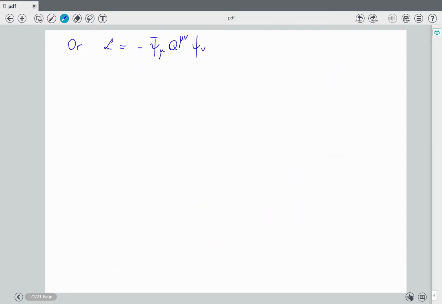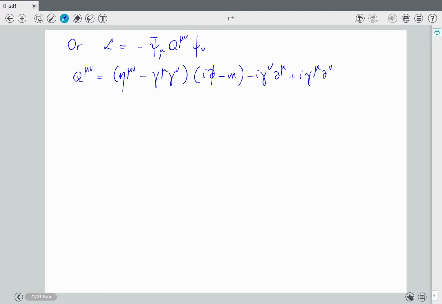So this is a third way to write the same Lagrangian, and this q mu nu, the quadratic part, is eta mu nu minus gamma nu times the Dirac term I del slash minus m minus I gamma nu del mu plus I gamma mu del nu.